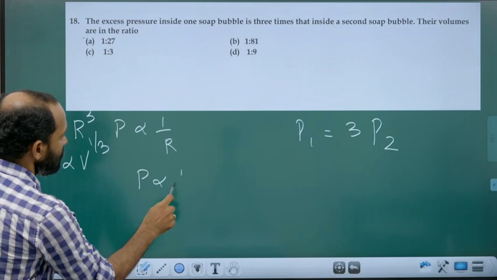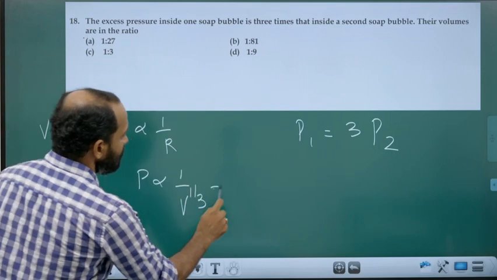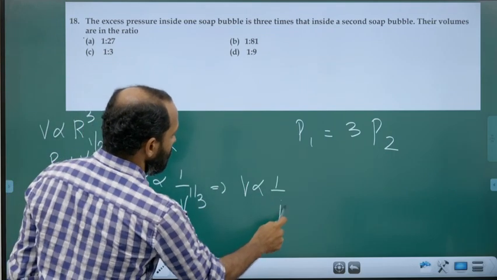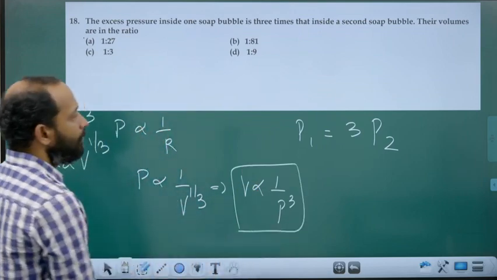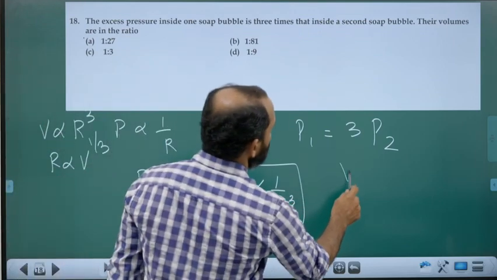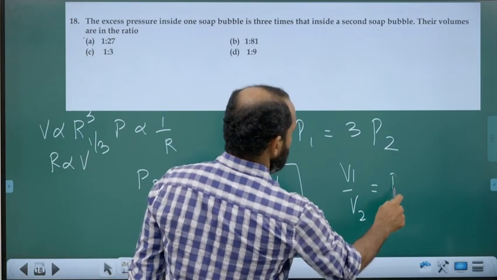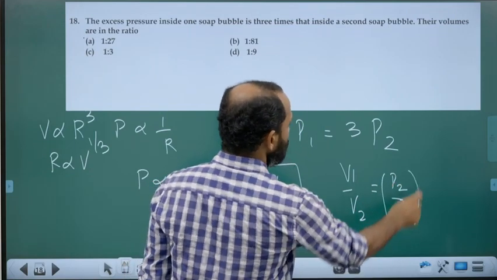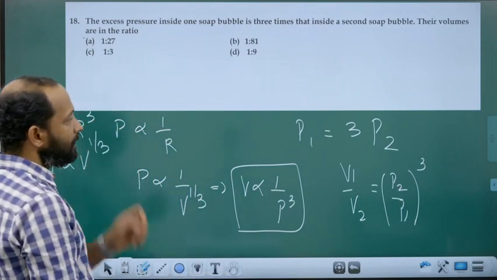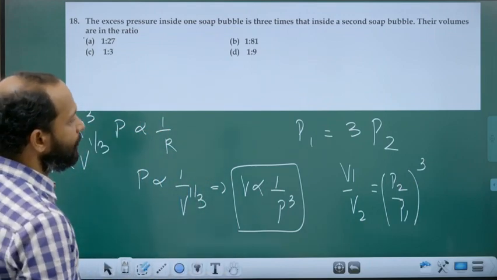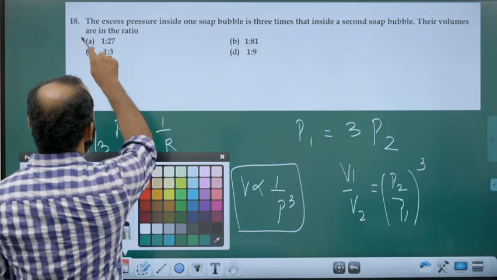So P is proportional to 1 by V raised to 1 by 3, that implies V is proportional to 1 by P cube. So what is V1 by V2? V1 by V2 is equal to P2 by P1 all cube. What is P2 by P1? That is 1 by 3. So 1 by 3 all cube is 1 is to 27.